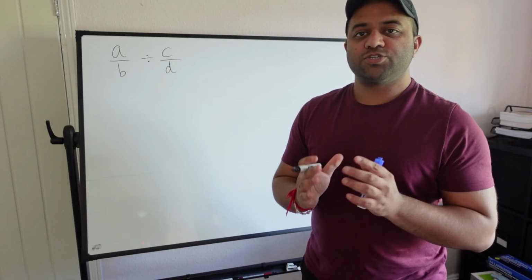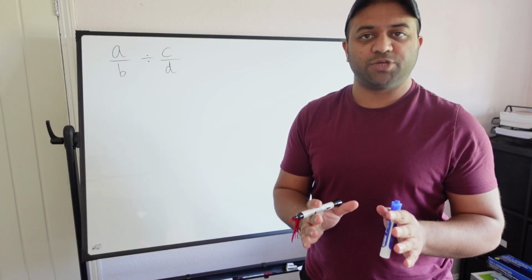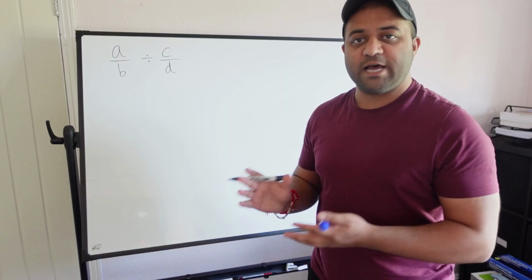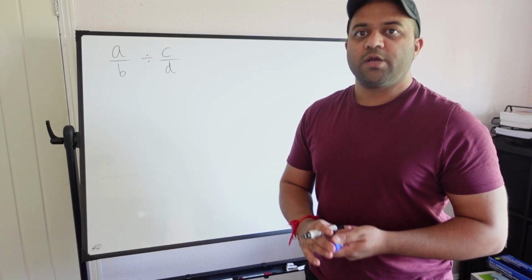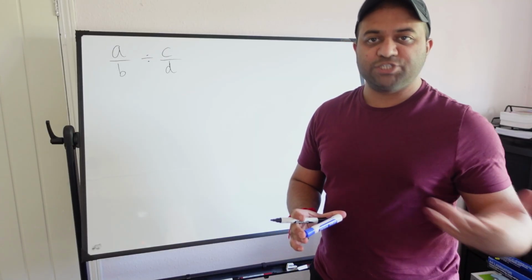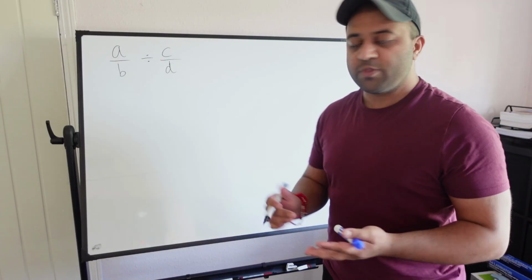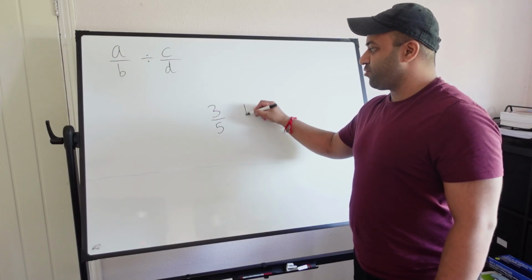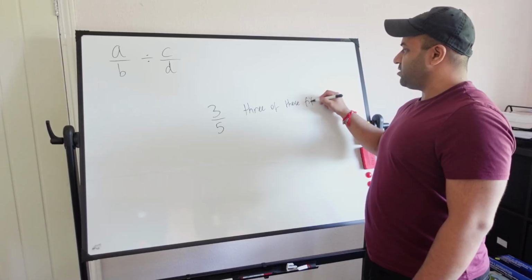Okay, so what I'm about to do might be a little bit complicated, so I'll try to go slowly and hopefully you can follow along. I'm going to start by writing down a general fraction divided by another fraction. So if we use our definition of what a fraction is, like I said earlier in the previous video and in this video, 3 over 5 literally means 3 of these fifths.